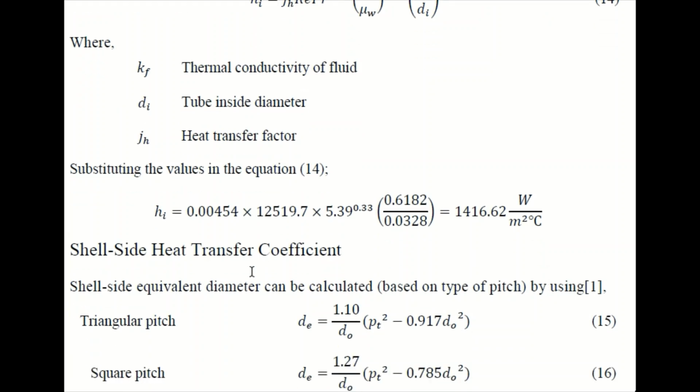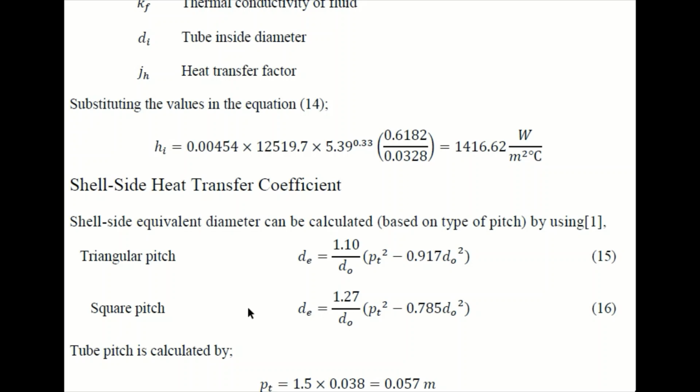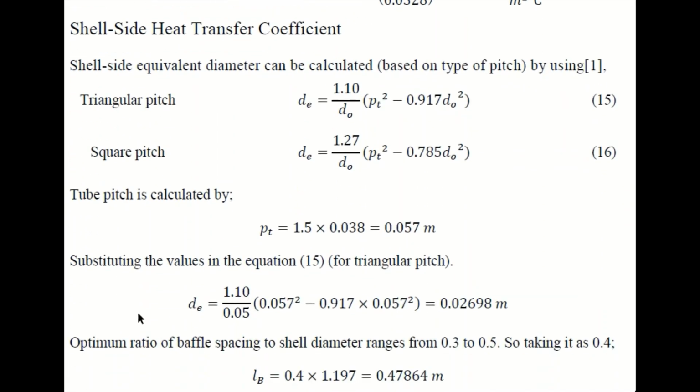Then we need to evaluate the shell side heat transfer coefficient, and for that we need to calculate the equivalent diameter for shell side, which basically depends upon the tube pitch and tube outside diameter, and we have two different pitches like triangle and square pitch. So first of all we need to determine the pitch, which is 1.5 times outside diameter.